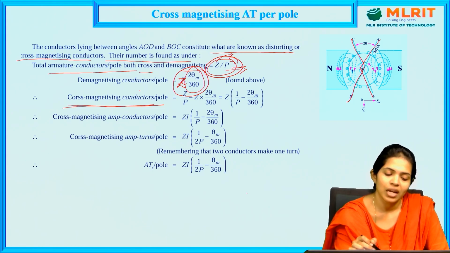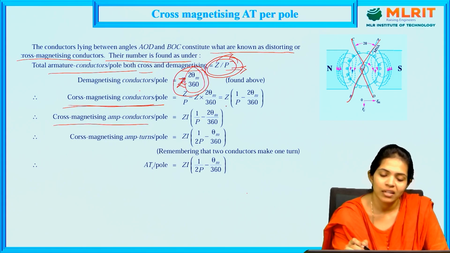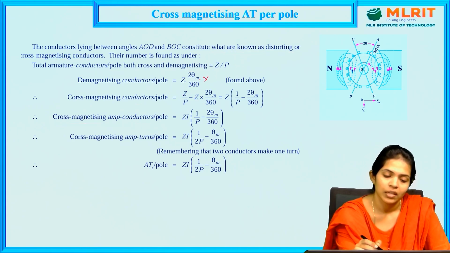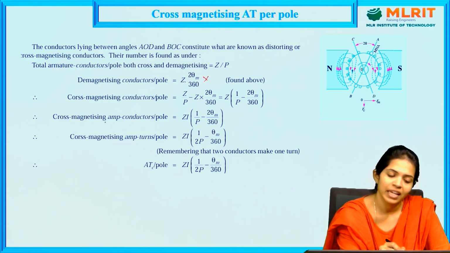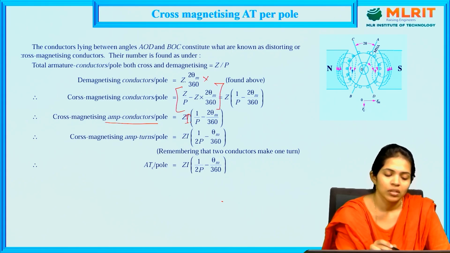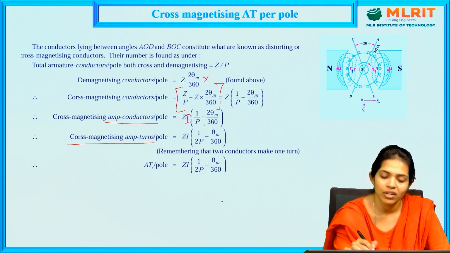From this we can get the equation for cross magnetizing conductors per pole. When we take I as common, we get Z into I. These are the number of conductors. If we take ampere conductors, we multiply this equation with I. And for cross magnetizing ampere turns per pole, we again divide this equation by 2.